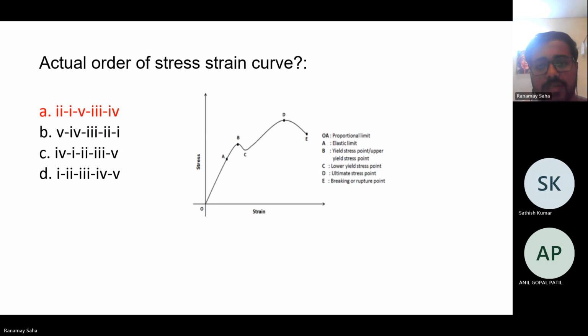Necking is the starting of a small neck in the material, which follows up to the cracking or rupture of the material. That is denoted as the breaking or rupture point. So the correct order then is option A.